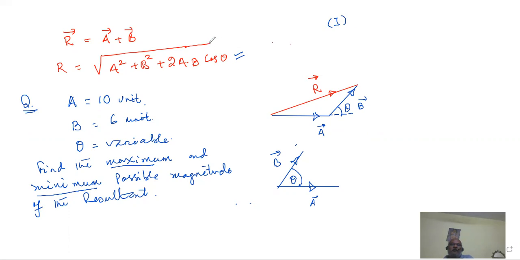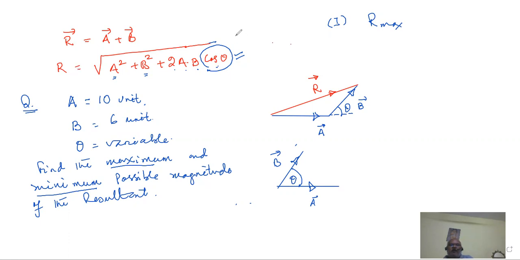Okay, so if I am going for the maximum value, we know because a is given as 10, a cannot be changed, b cannot be changed, 2ab have the fixed value. Only thing that can be varied is theta and cos theta here. So obviously we understand that when cos theta assumes its maximum value, automatically the resultant is maximum.